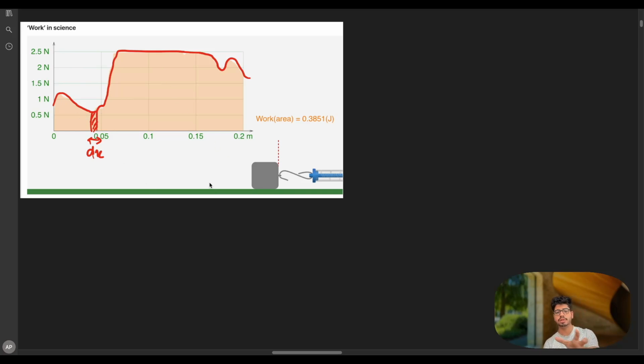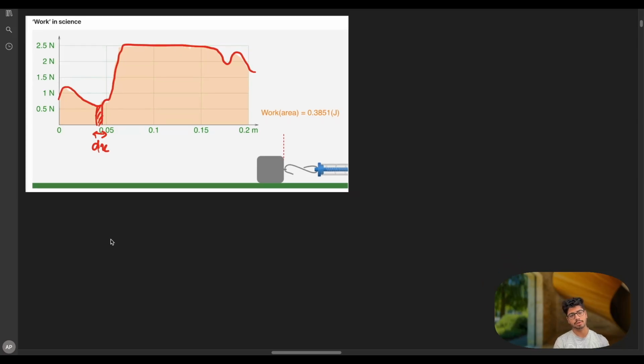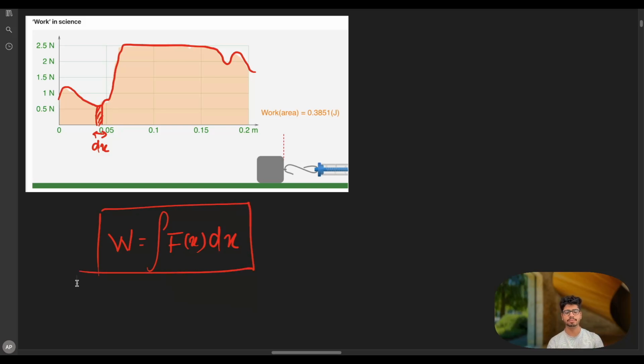As the displacement happens, the force is a variable quantity. So I define the work done by that force as the integration of F, a function of x, into dx. We just have to integrate that, and you will get the work done. Thank you. Have a good day.